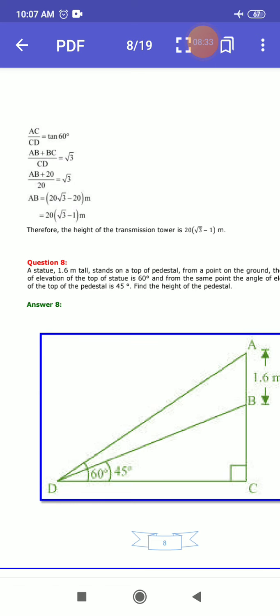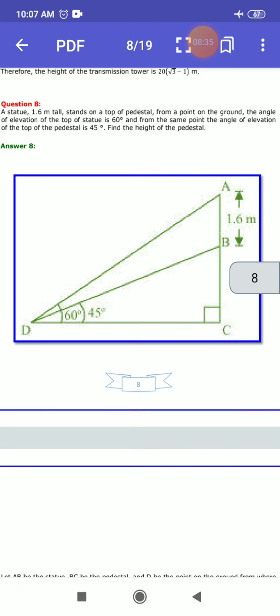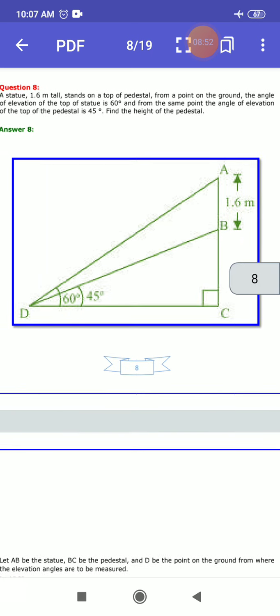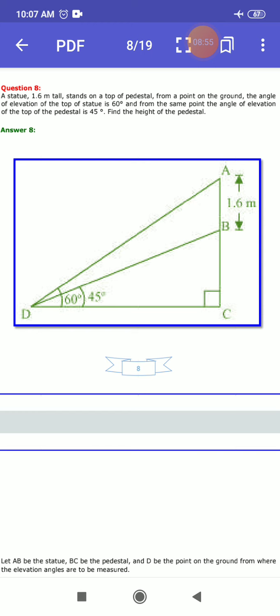Now the next question: a statue 1.6 meter tall stands on the top of a pedestal. From a point on the ground, the angle of elevation of the top of the statue is 60 degrees, and from the same point the angle of elevation of the top of the pedestal is 45 degrees.